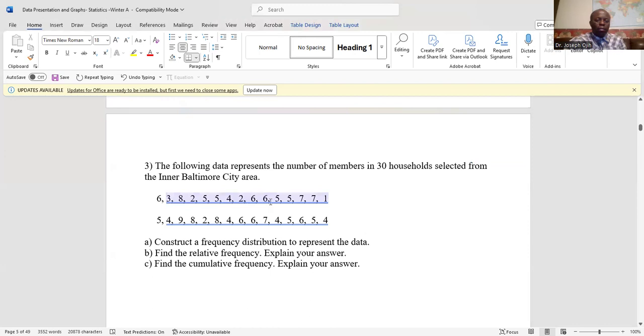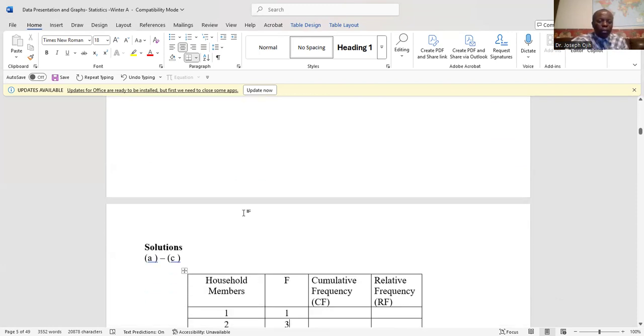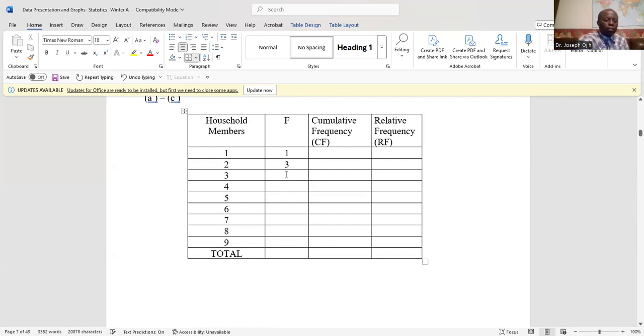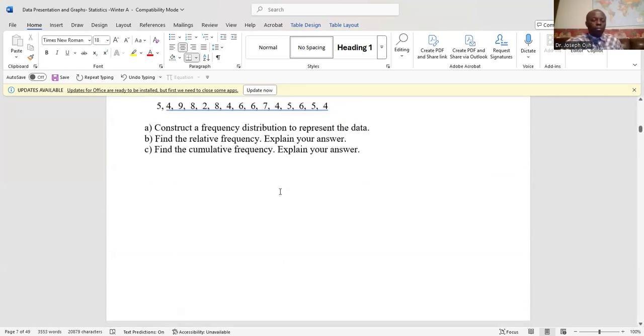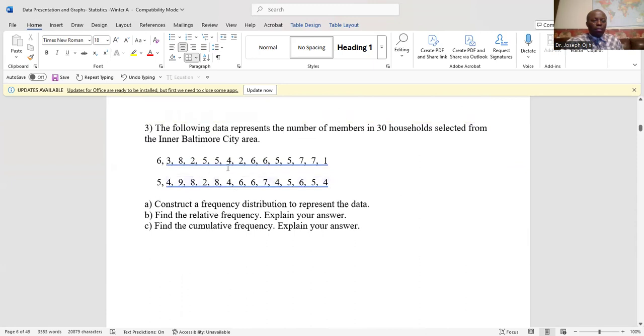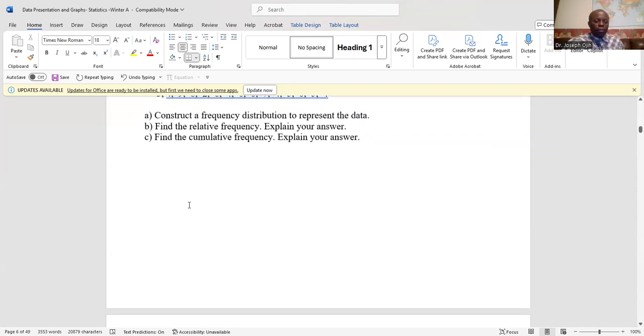Only one 3. Put 1 right here. How many 4s do we have? 1, 2, 3, 4, 5 4s.